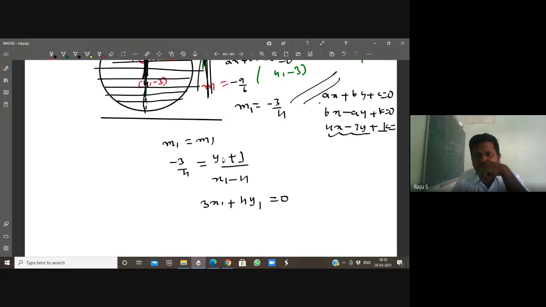Right. So what is the perpendicular? Perpendicular means 4x1 minus 3y1 plus k is equal to 0. Substitute in place of x1, y1 the given point, like center 4, minus 3.